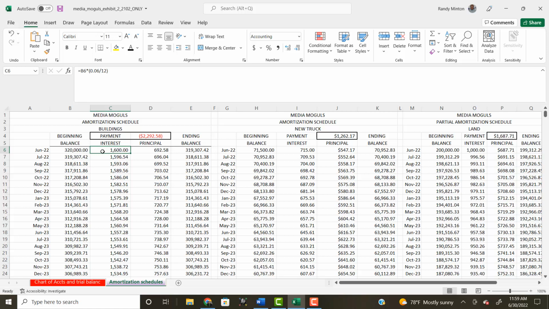Now, the way that I got this number right here is just by taking the interest rate and dividing it by 12, because you're going to do it every month, right? Here's June, July, August, so forth. Here are the number of total months, and here's the amount.